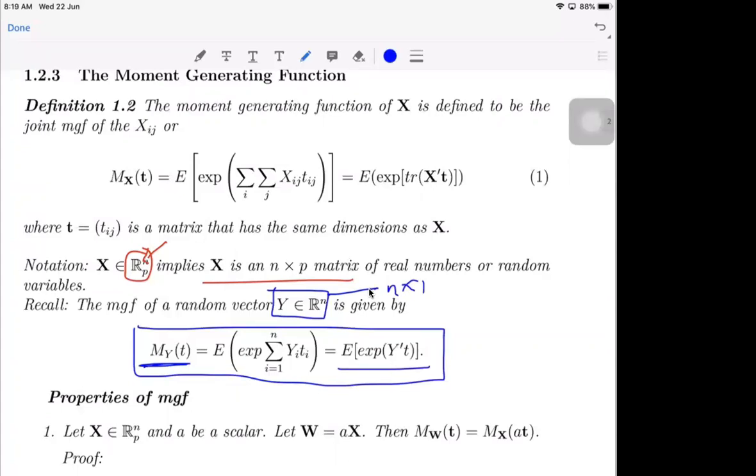Equivalently, y prime t can be expressed in matrix notation as the sum of y_i t_i.